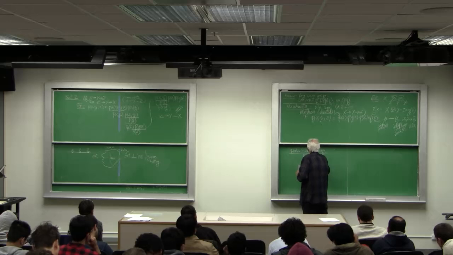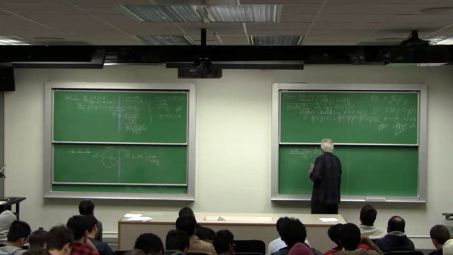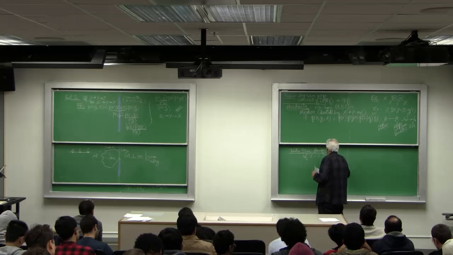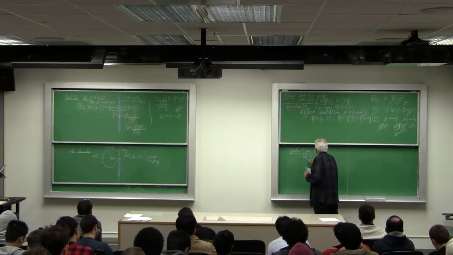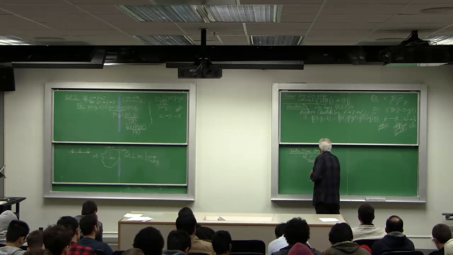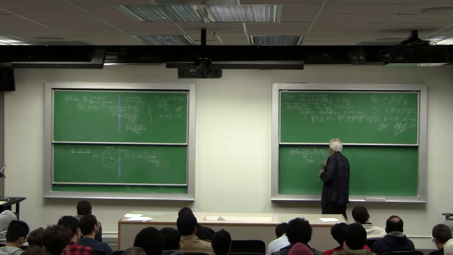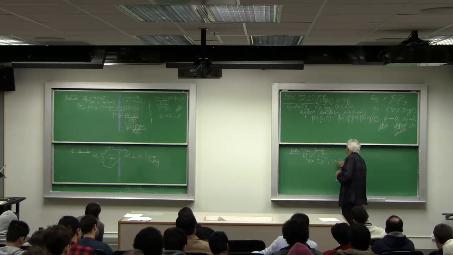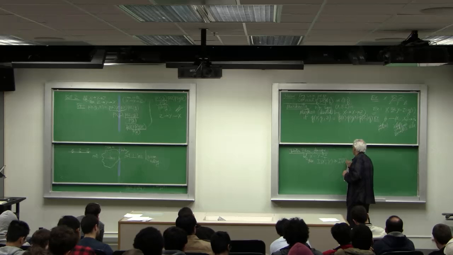If X, Y, Z is Markov, then the mutual information between X and Y is greater than the mutual information between X and Z.